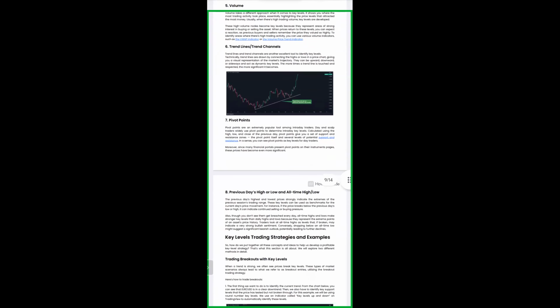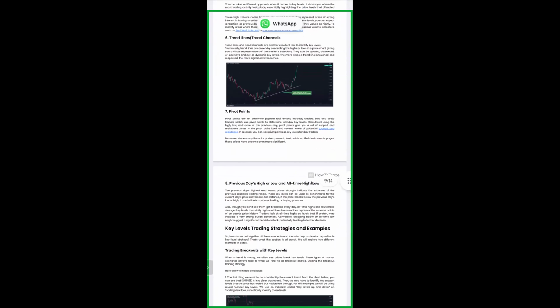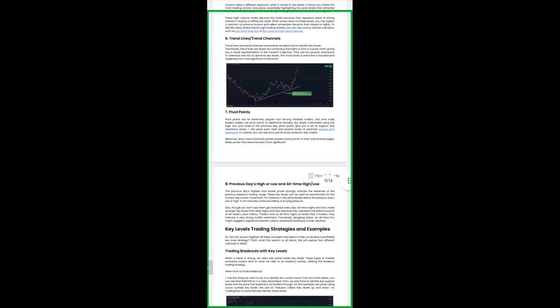Then another way of identifying key levels is the use of pivot points. Pivot points, whereby you use the high and low of the previous day to determine the decisions we are going to take in the current day.